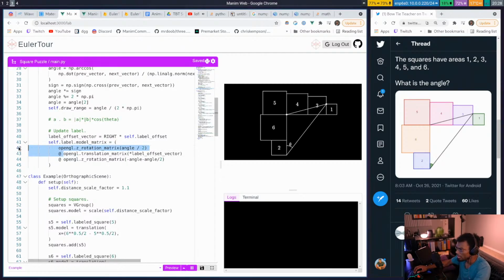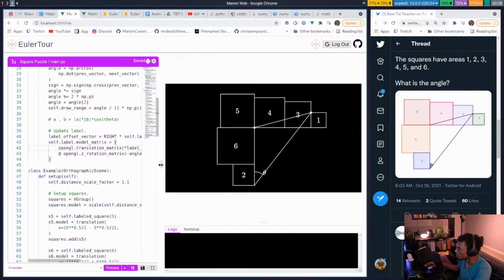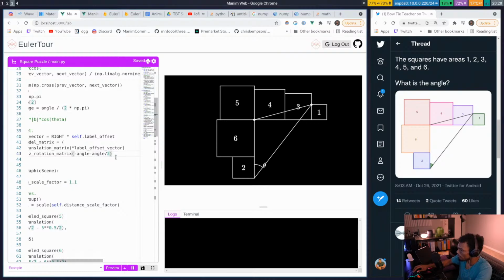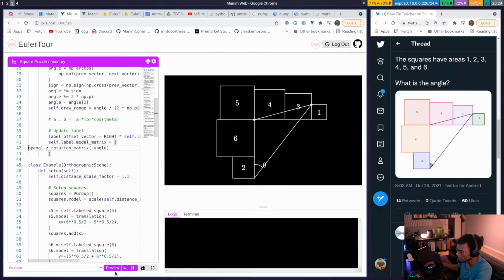I'm going to go back to here. And when this is just minus angle, here it's right side up. I'm pretty sure. If I undo the translation, yeah, it looks right side up. Come on.